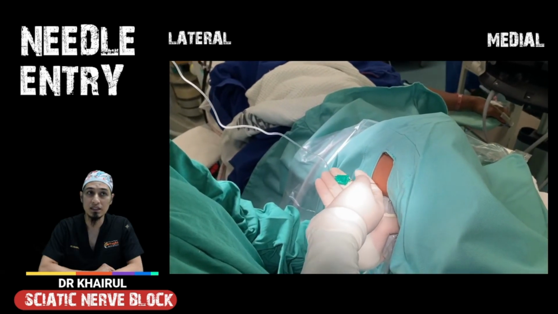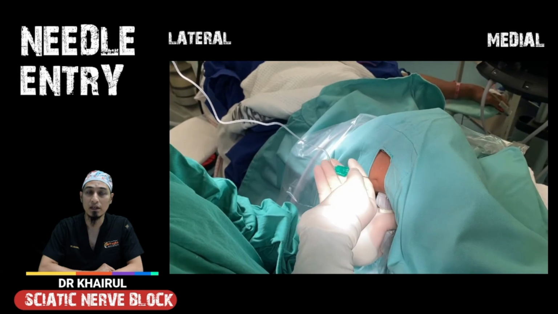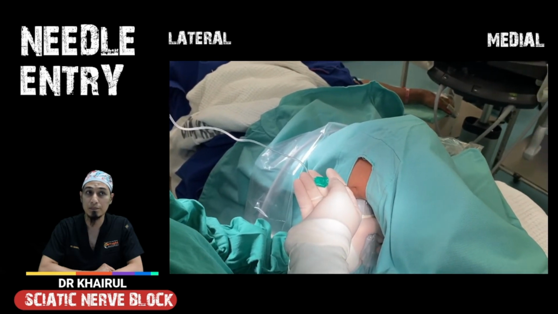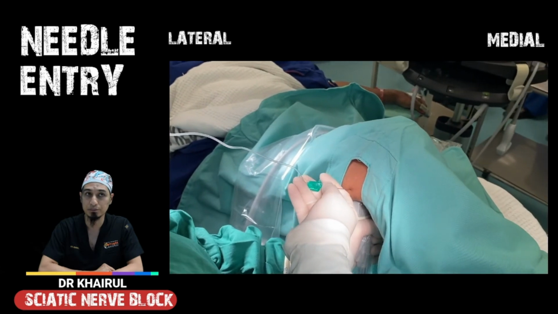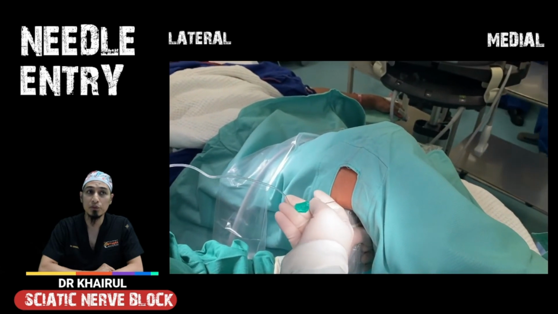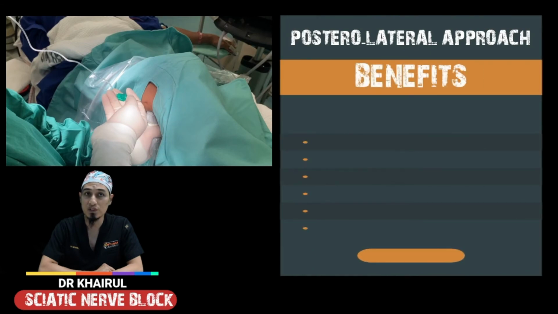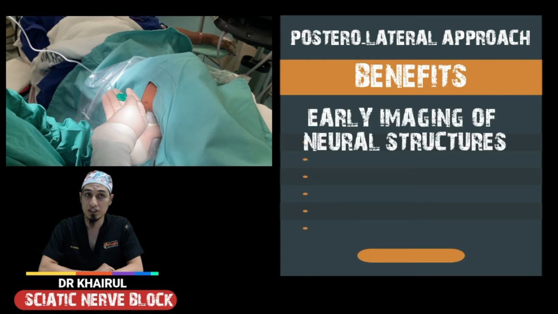Needle is inserted in plane at a point approximately equidistant from the transducer to the depth of the nerve on the screen. Viewing from a slightly posterolateral probe orientation instead of a more direct posteroanterior approach provides easier visualization of the sciatic nerve due to early imaging of neural structures, as a more lateral approach catches the peroneal component earlier.